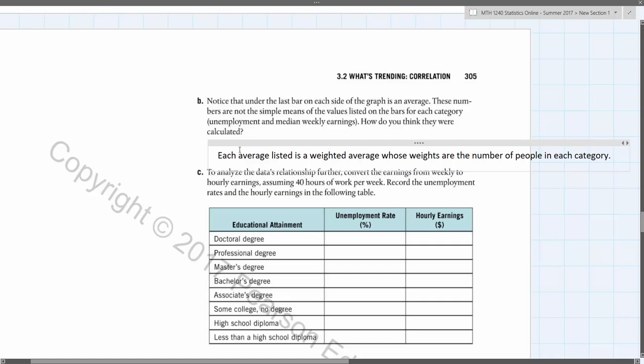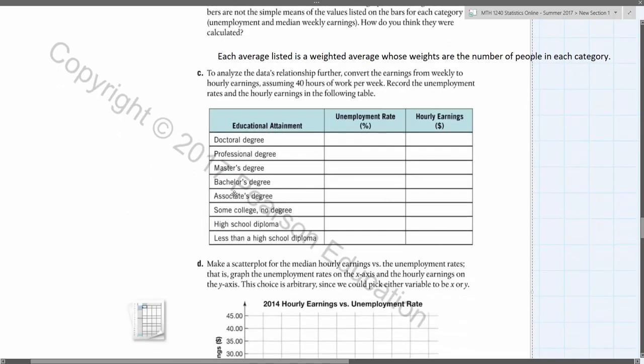Since there's a different number in each category, that's why we need a weighted average. And then here, we're asked to fill in this table.